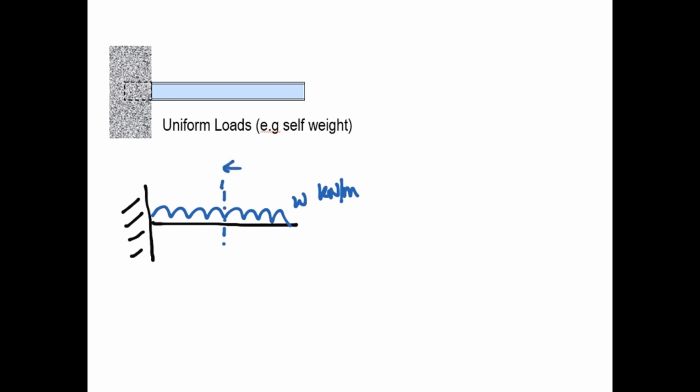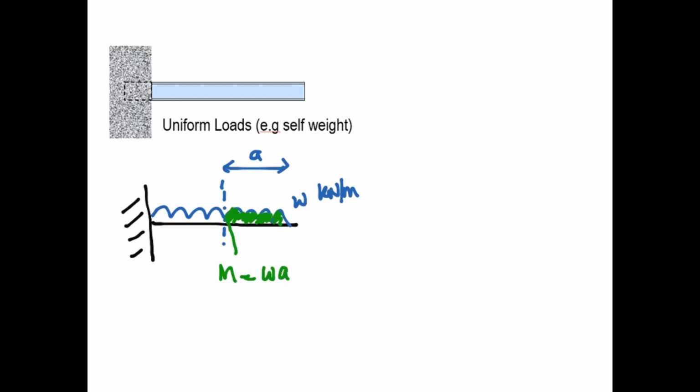So if we imagine a distance A from the tip, and I want to calculate what the bending moment is at that point, then we know that the bending moment there is caused by a value equal to force times by distance, where the force is equal to WA, because that's UDL times by the length.